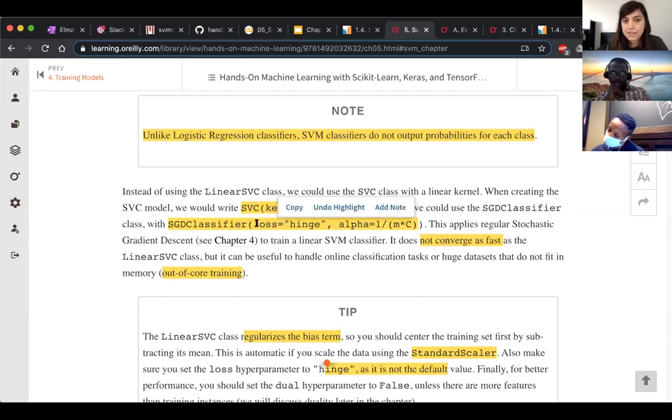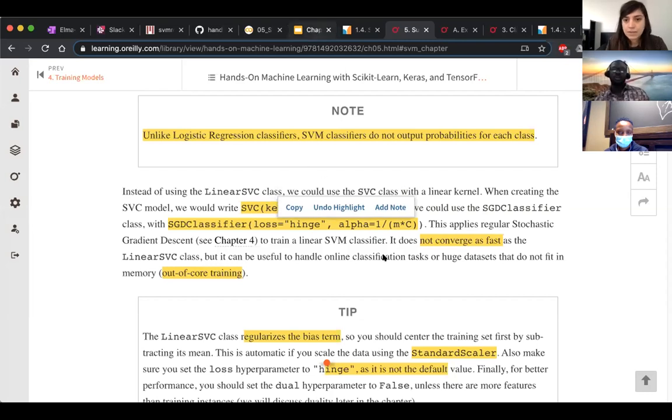If we set the loss function of that classifier to hinge instead of the one that we originally set, and also set this hyperparameter, then it's going to train a linear SVM classifier for us.